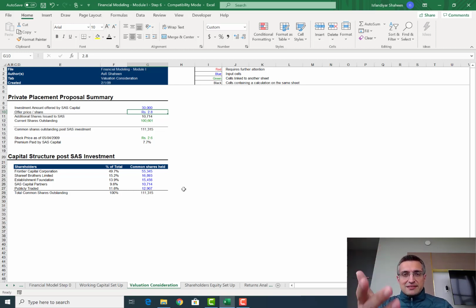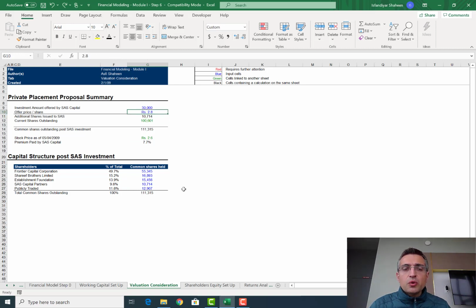And since this is laid out with the right best practices, you can also see that if you were to change the price, how does everything else change? Currently we're just assuming that at 2.8 rupees per share, SAS will invest 30 million rupees and get about 10,000 shares, which works out to about 9.6% of the company. That's in line with where SAS likes to play.